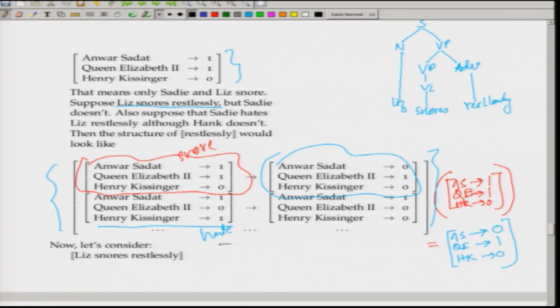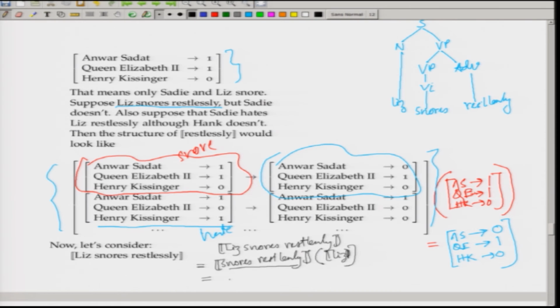So, we have this whole sentence, Liz snores restlessly, is actually snores restlessly, this function, this takes Liz as an argument, whereas snores restlessly itself is another function.